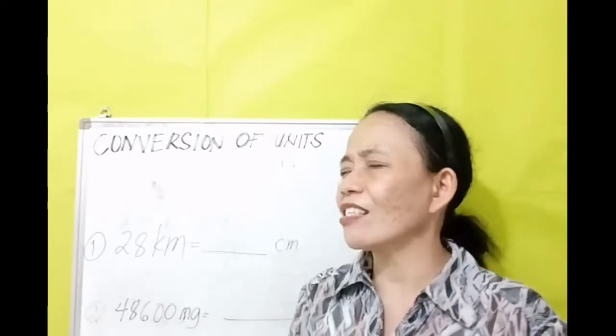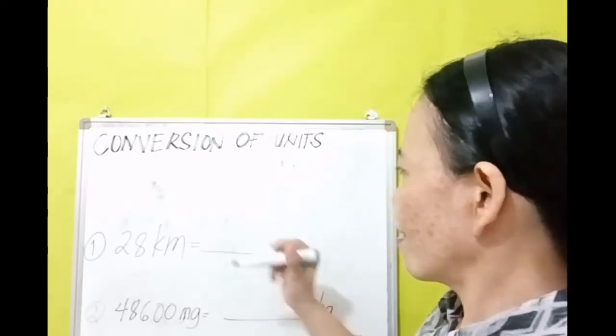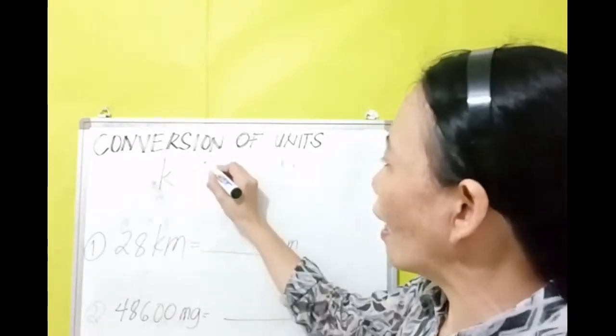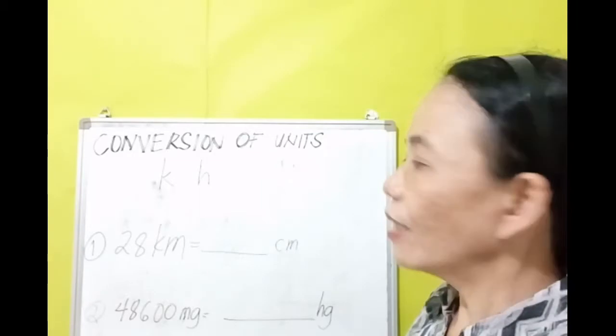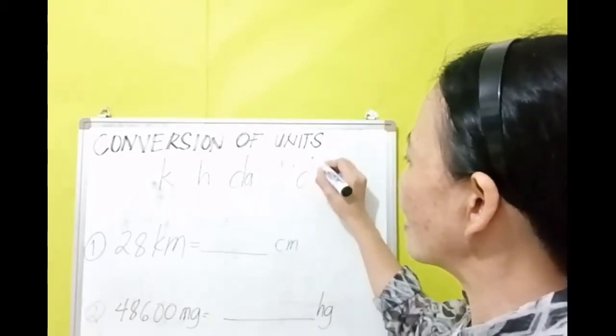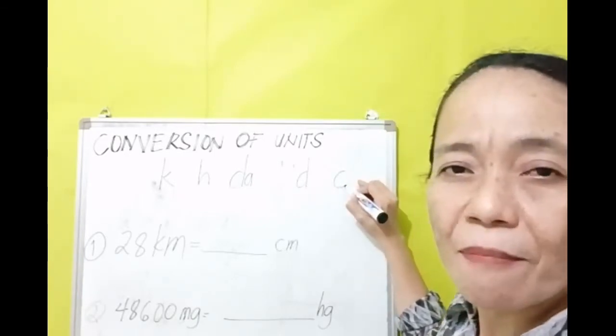So let us just use the smaller ones. Start with the kilo, the hecto, the deca. We have the deci, centi, and the milli.